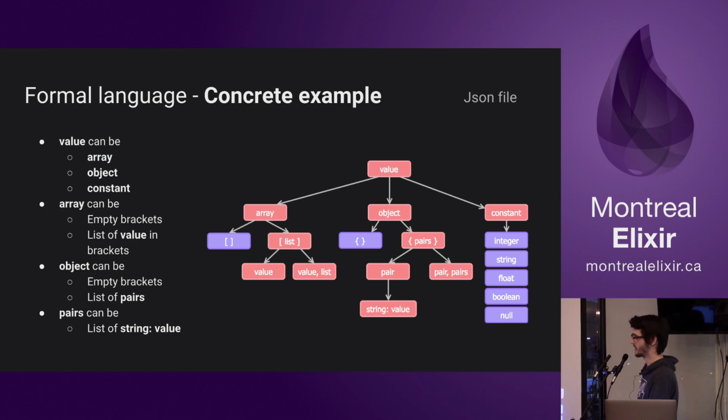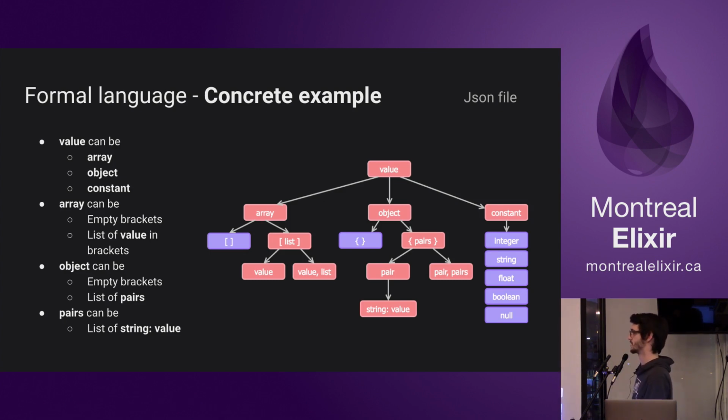An object can be an empty object or an object that has pairs. What are pairs? Pairs can reduce to a pair or pair, comma, pairs. And a pair reduces to a string, colon, value. So it recurs into the top and can be any other value. So we can have a string, an array, a string, an object.